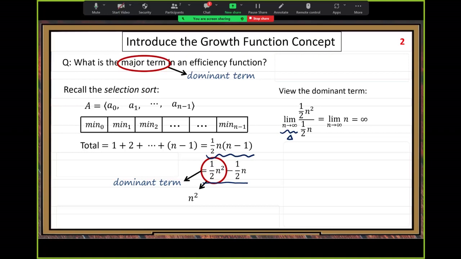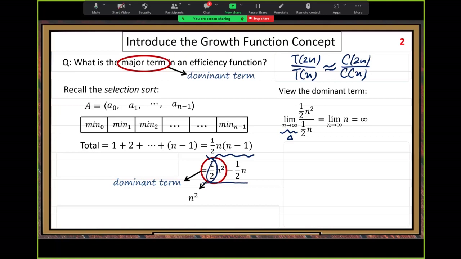If you recall what we did in our previous slide, when we take the ratio t of 2n over t of n, another one, c of 2n over capital C of n, then the leading coefficient is gone.